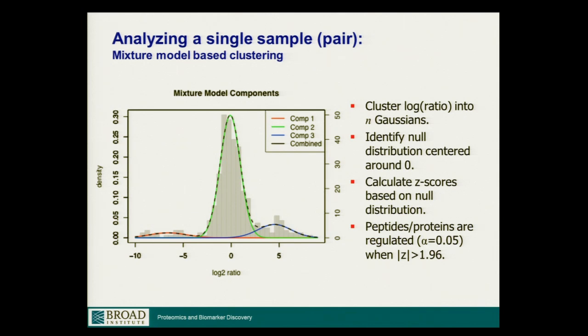So now you can say, okay, I'm going to draw a line at where the 95% of this distribution is to one side. Anything above that, my peptides are upregulated. So you identify your null distribution, and then you can calculate statistical significance using the properties of a normal distribution once you have that. And then you can assign p-values to your ratios based on all the other values that you have seen in this one sample pair.